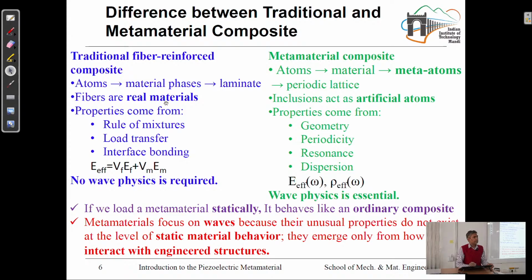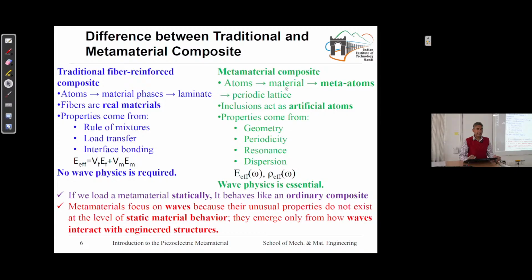In a metamaterial composite, again we have atoms, and then we make a material with a special shape, that is the meta-atoms, arranged in a periodic fashion.